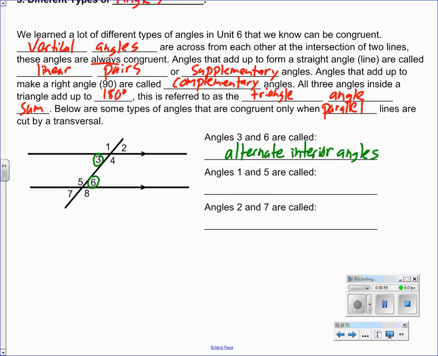They're on opposite sides of the transversal inside of the two lines, so alternate interior angles. Angles like 1 and 5, or 2 and 6, or 4 and 8, or 3 and 7 are called corresponding angles.